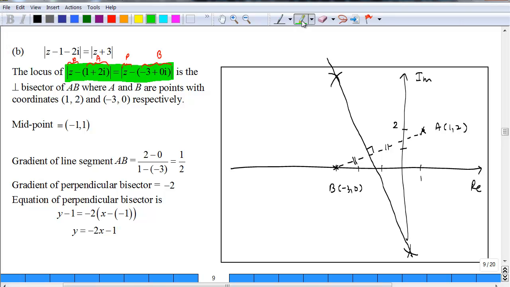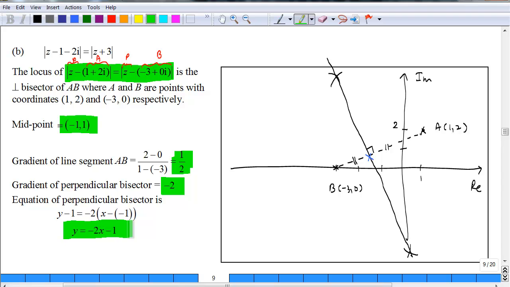The midpoint between A and B is this point, negative 1, 1, which is here. And you can actually get the gradient of the line segment AB using the coordinates of the 2 points, which is half, and then you can find the gradient of the perpendicular bisector, and you can form the equation of the perpendicular bisector.